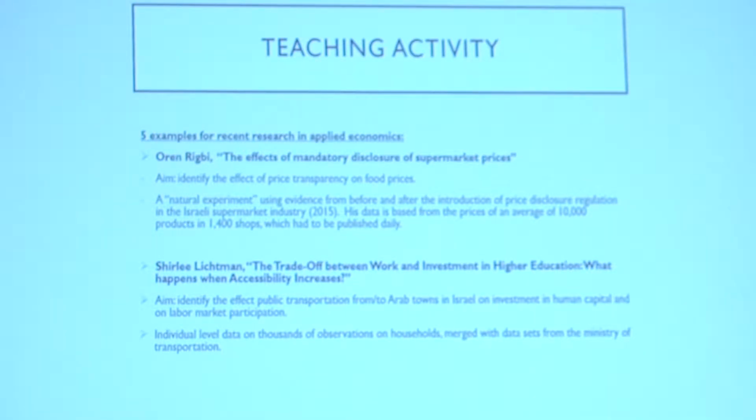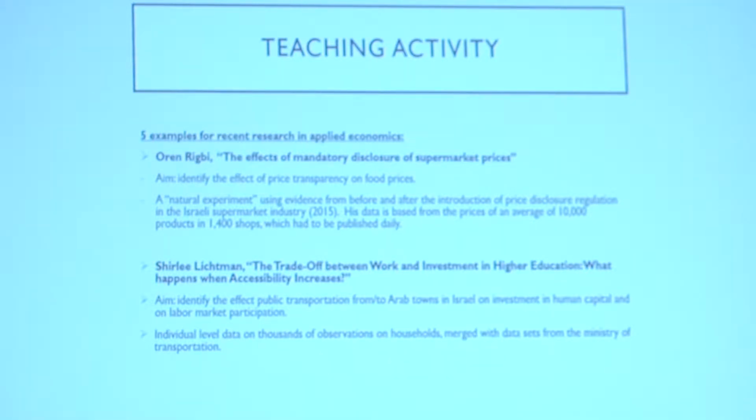A natural experiment in this sense is a new policy from 2015 where Oren uses the situation before and after the policy, comparing in a methodology called a diff-in-diff setting, where he uses a huge data set of prices of 10,000 products.